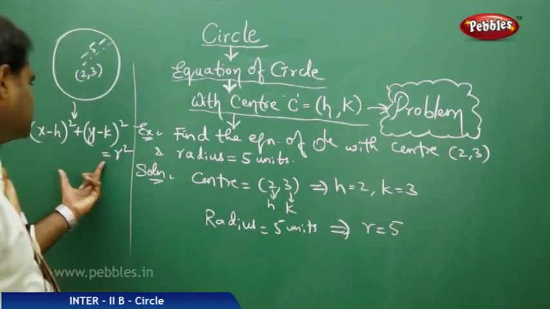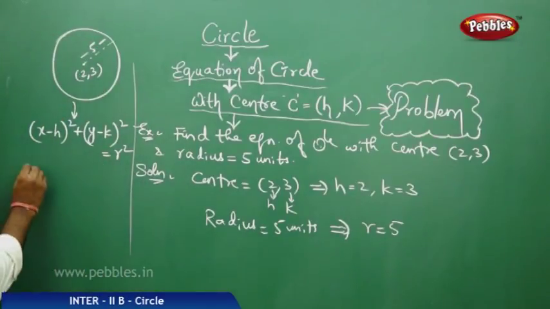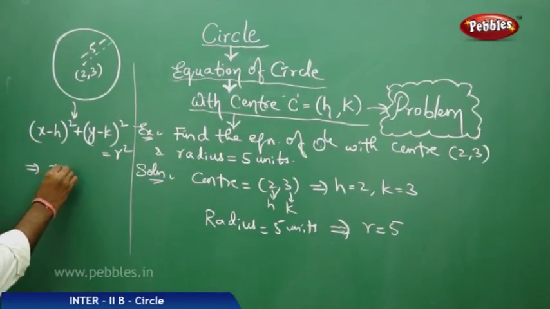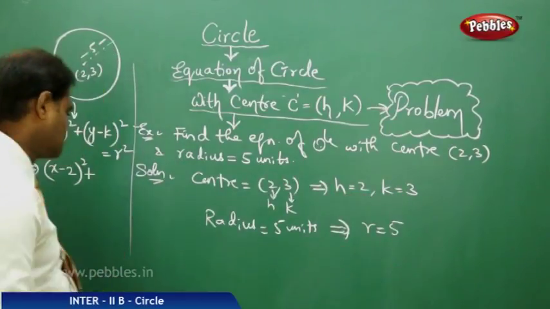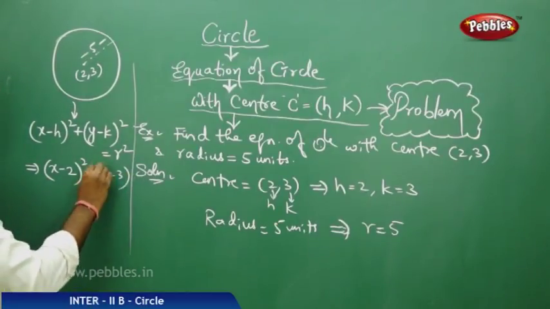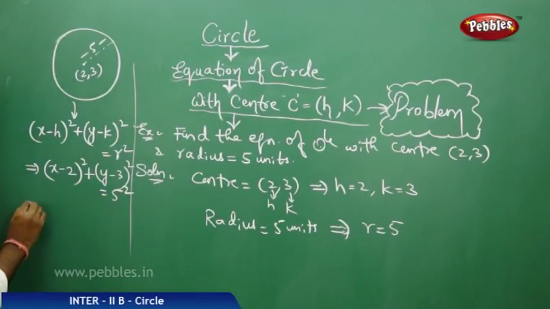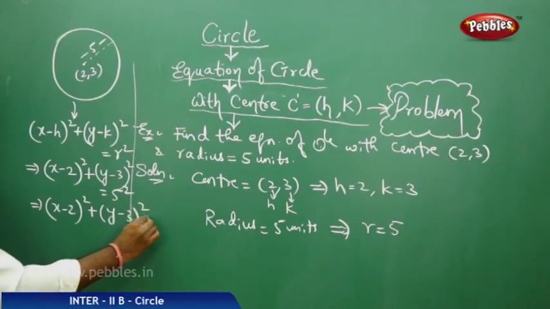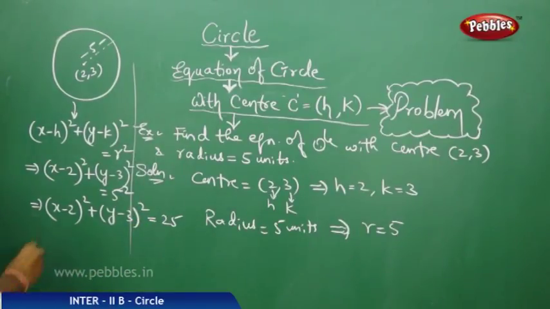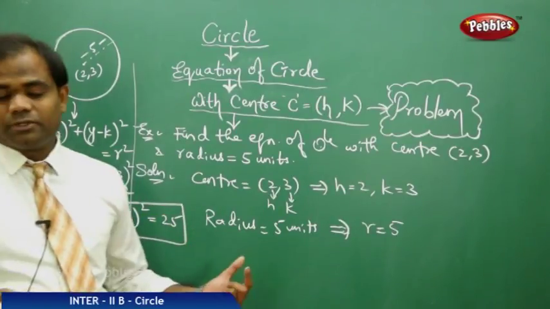Substituting h, k and r: x minus 2 whole square plus y minus 3 whole square equals 5 square. This gives me x minus 2 whole square plus y minus 3 whole square equals 25, which is the equation of the circle when I use the formula.